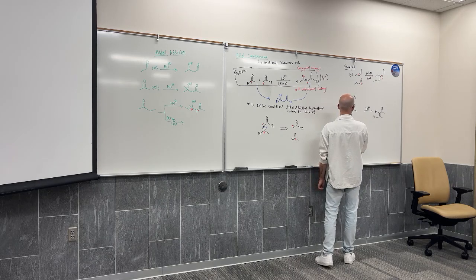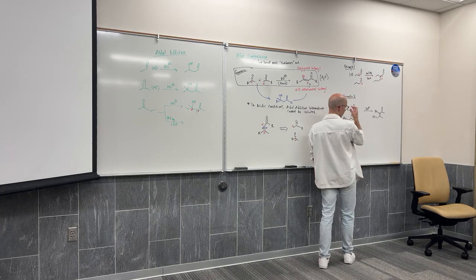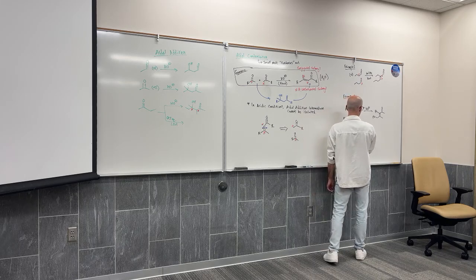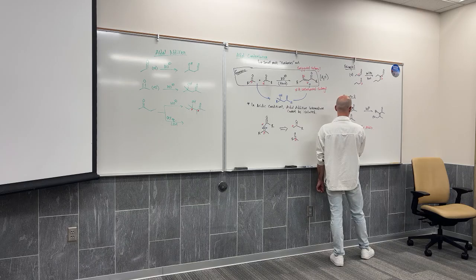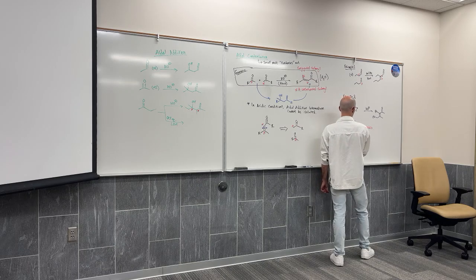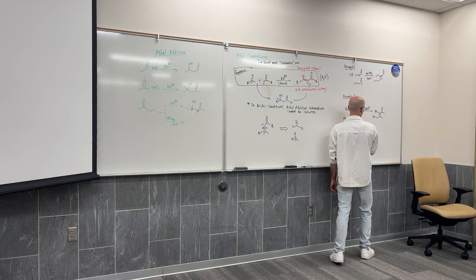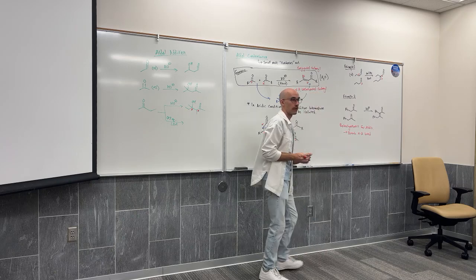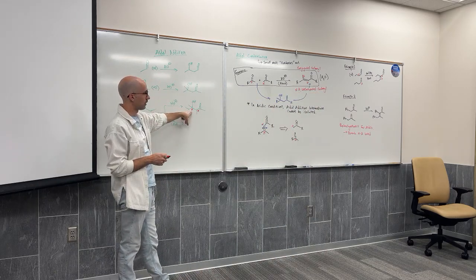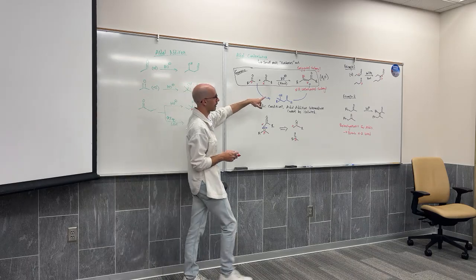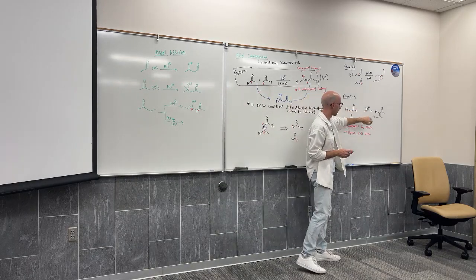For both aldol addition and condensation, break the alpha beta bond, whether that's an alpha beta single bond to the beta hydroxy carbonyl or an alpha beta double bond to the conjugated carbonyl.